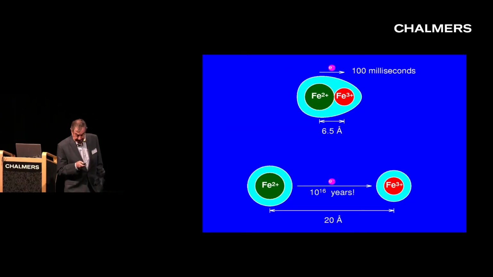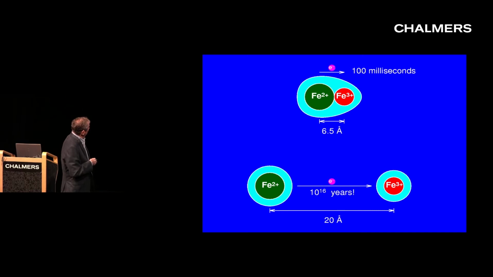For example, from so-called self-exchange reactions in water, we knew that in contact, because of the high barriers, the water solvation shell was very asymmetric and had to reorganize to a symmetric shell in order for an electron to flow between iron 2 and iron 3. This very high barrier of the reorganization of water around a metal ion meant that the tunneling time from iron 2 to iron 3 was of the order of 100 milliseconds. It was already in contact 100 times slower than we knew in mitochondrial respiration.